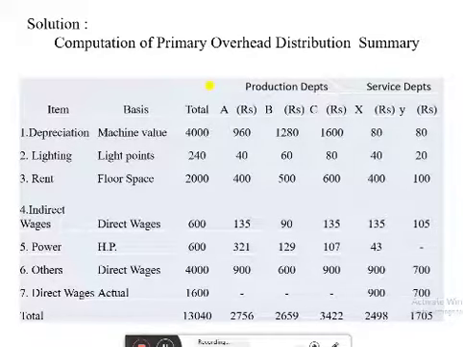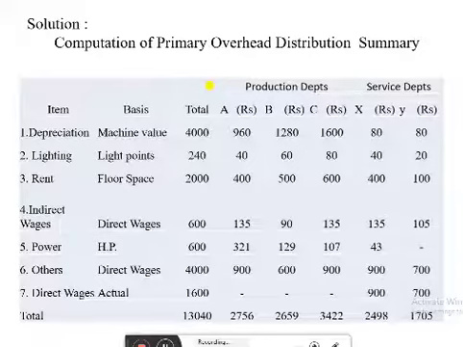Next is others. Others, in the sense, has to be distributed on direct wages itself. Nothing is given; it is not specified on what basis it has to be distributed. So we have to consider direct wages. That is, 4000 is the total amount. Now you have to distribute according to the direct wages ratio, that is 900, 600, 900, 900 and 700.